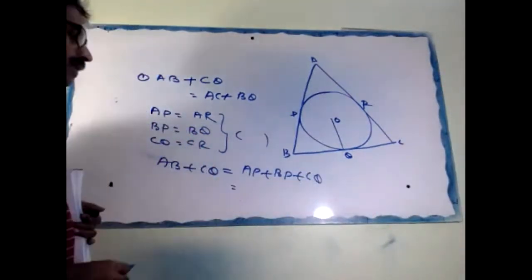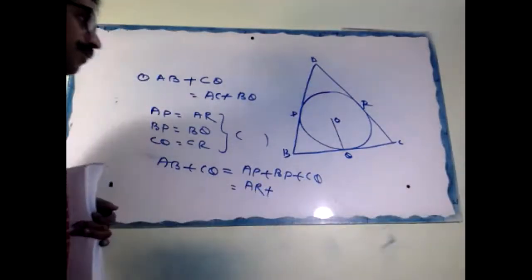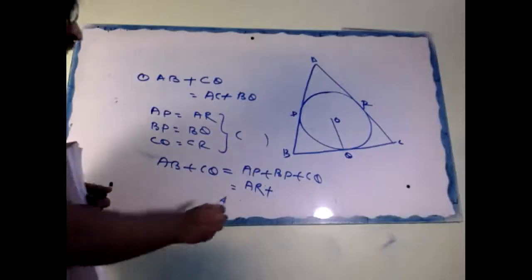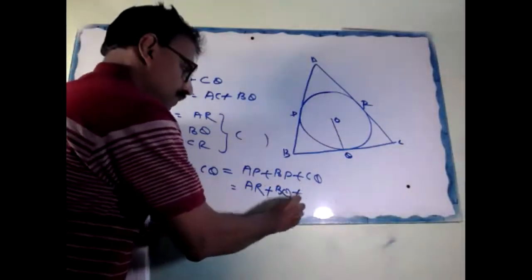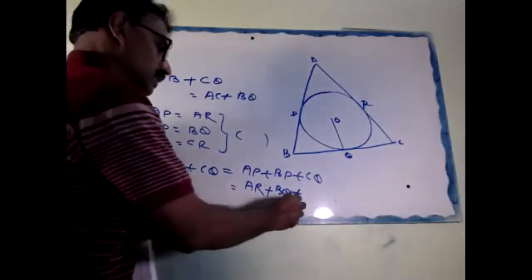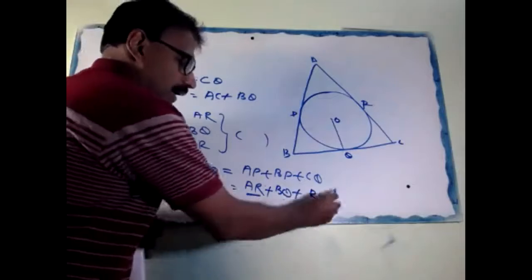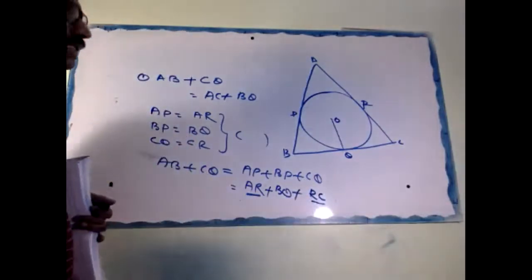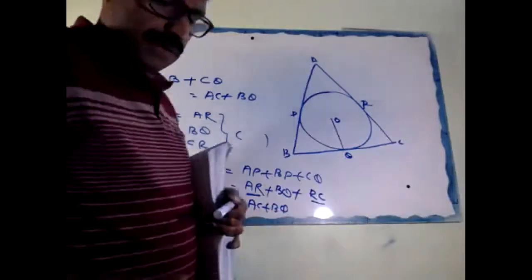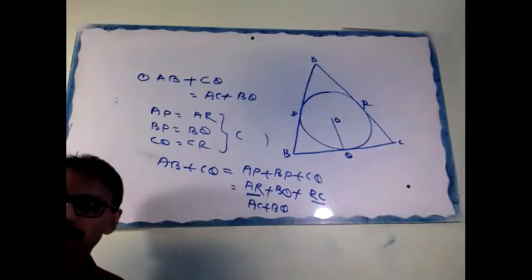AP we can write AR, BP we can write BQ, plus CQ equals RC. So AR and RC combine to AC. AC plus BQ. This is the first part. First part okay or not?